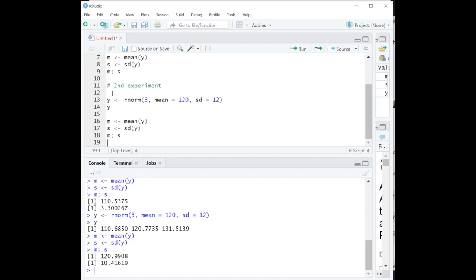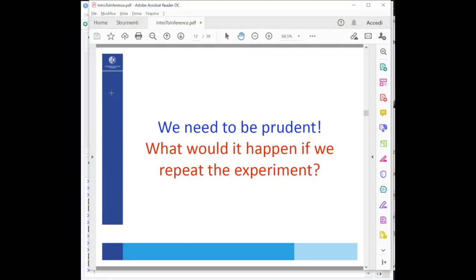What is nice about Monte Carlo simulation is that we can do this even 100,000 times. Now we will write a piece of script which does such repeated sampling 100,000 times, and we should obtain 100,000 means. And we should see how they behave. Is it clear?